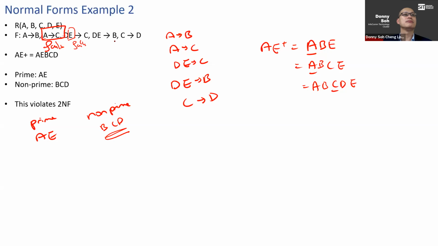DE implies B. Also this fails. And C implies D actually passes 2NF. However, we know that these are the conditions that fail 2NF, and so this is only in 1NF.